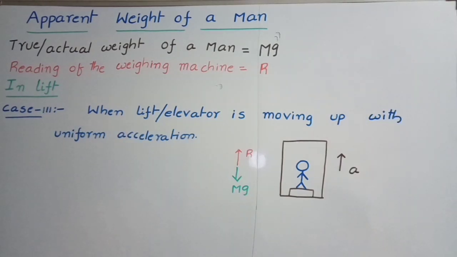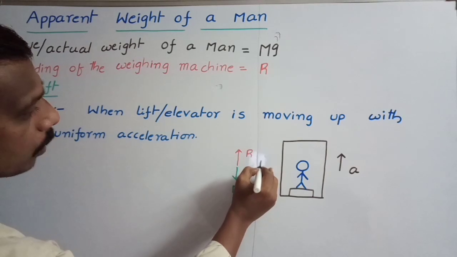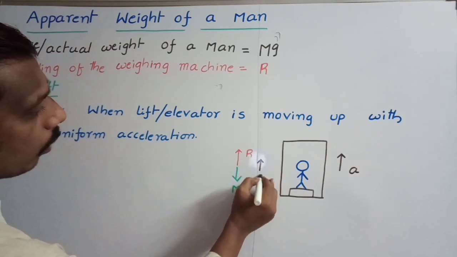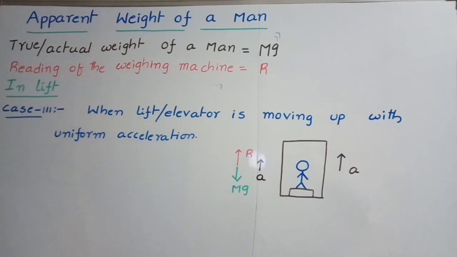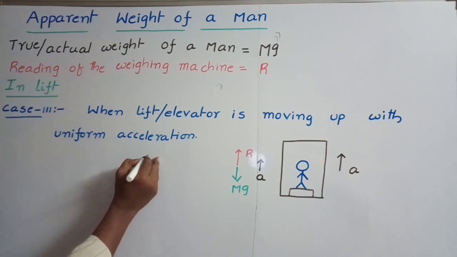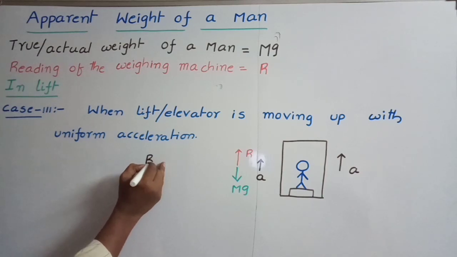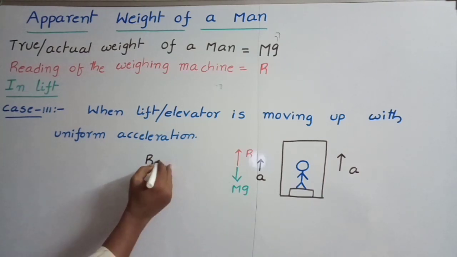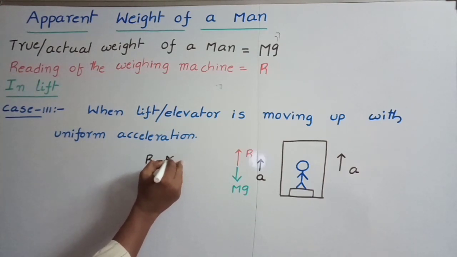Next, case 3. When the lift or elevator is moving up with uniform acceleration. For the outside person, this person is going in the upward direction with uniform acceleration a. So for this person to move with uniform acceleration, there must be a net force. The reaction given by the machine is R, and the weight acts in the downward direction, mg.